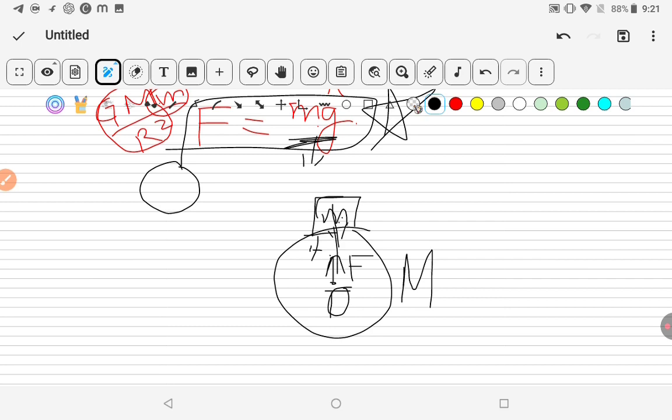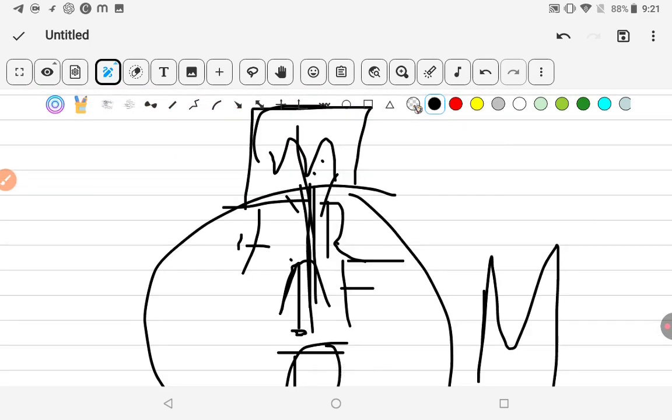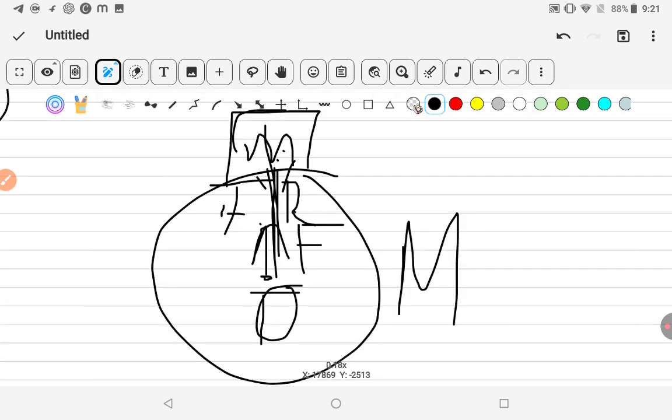The line joining both masses, basically the radius of the Earth, is r. So the force on the block of mass m by the Earth is mg, vertically downward towards the center of the Earth.